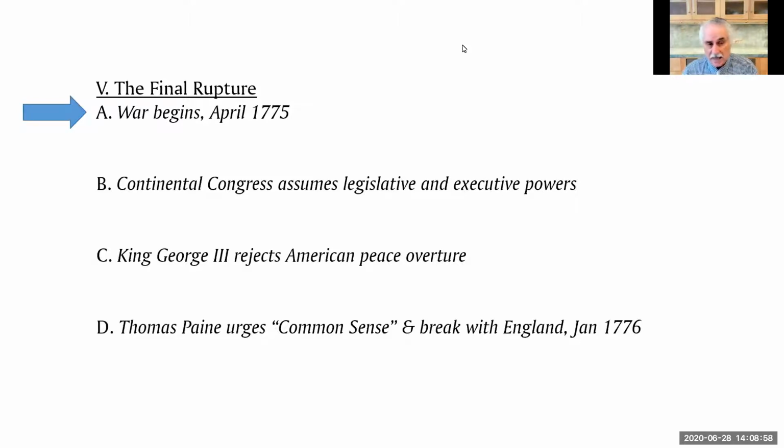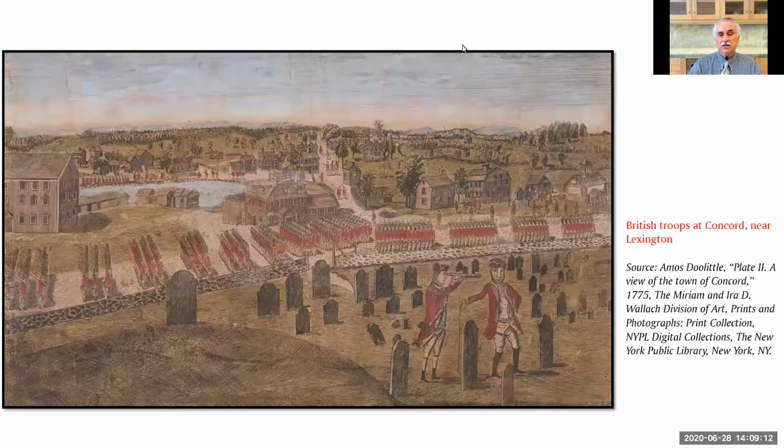The war actually began in April 1775, 1 month before the Second Continental Congress met. General Thomas Gage, the military governor of Massachusetts, sent troops to seize colonial arms and ammunition in Concord, a small town outside of Boston, up the Charles River.